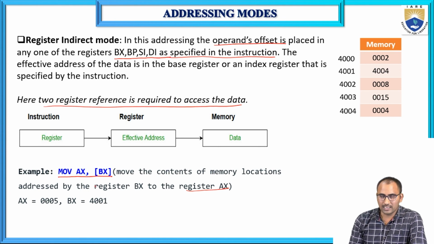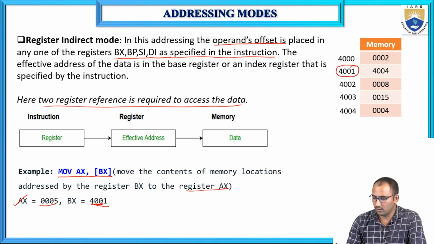To understand this, let us assume the AX contents are 0005 and the BX contents are 4001. So in the BX register we have stored 4001. This is not the address of the operand.